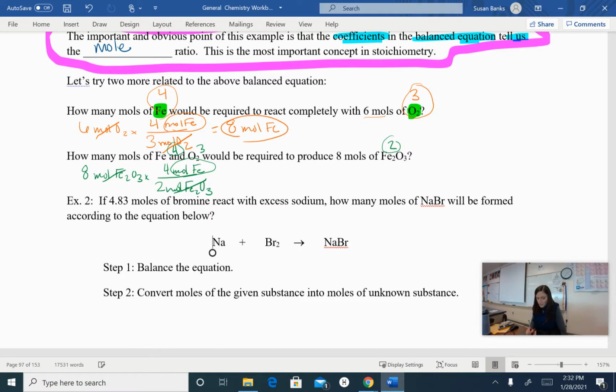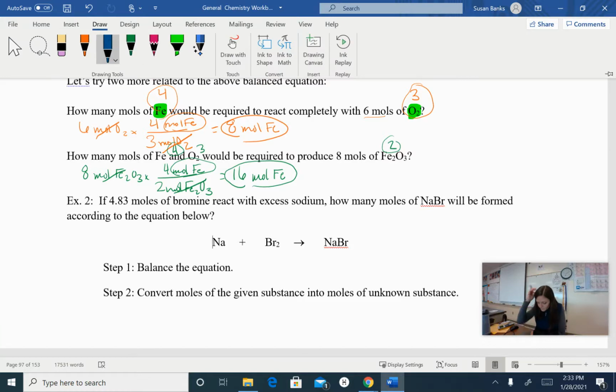Okay, all the numbers on top are multipliers, so 8 times 4 is 32, divided by the numbers on the bottom, which is 2, so 32 divided by 2 is 16. So I would need to start out with 16 moles of iron to get that 8 moles of iron 3 oxide. Now let's look about the oxygen. How much would we need of oxygen?